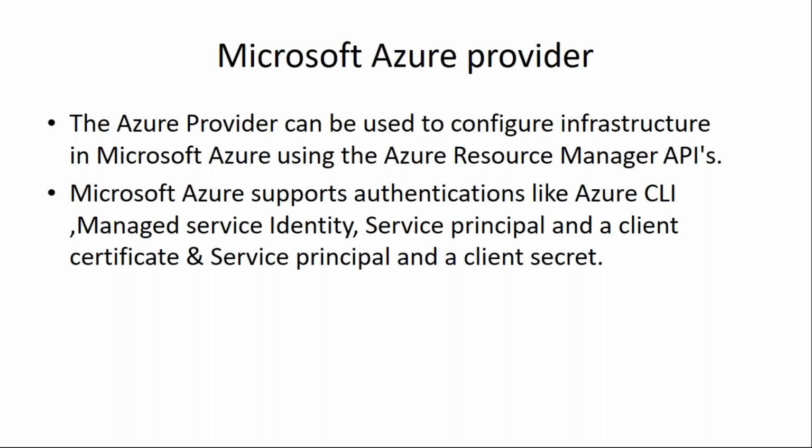Subscription ID is important when you're working with Azure Cloud. Service identity, service principal, client: these are the parameters it takes to connect with Azure cloud, and you can use them as credentials in Azure.